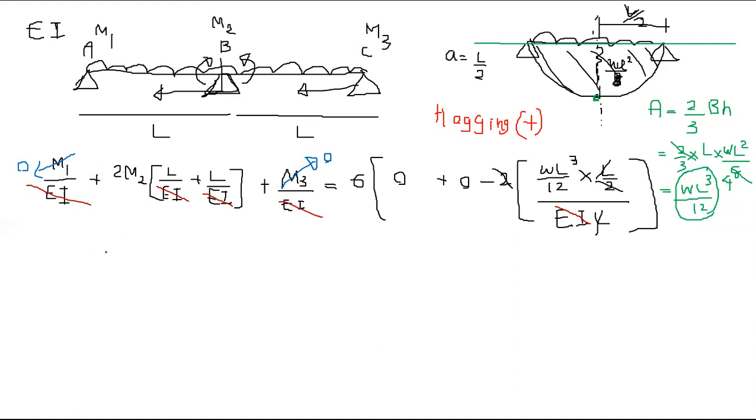So you will only be remaining with 2L times 2M2, which means 4M2, is equal to 6 times negative WL cubed over 2L.